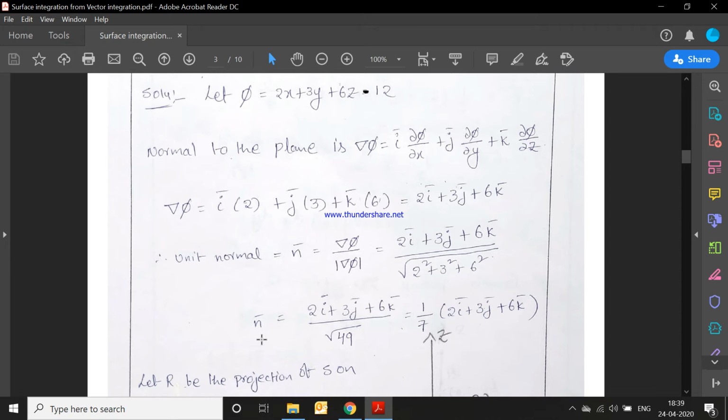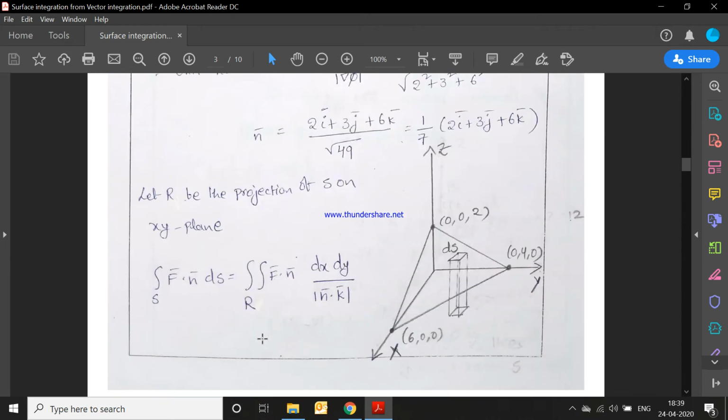Now, going to the surface, this is our given surface. This triangle shape is the given surface, and it is the part of the surface in the first octant, so we consider this triangle part.